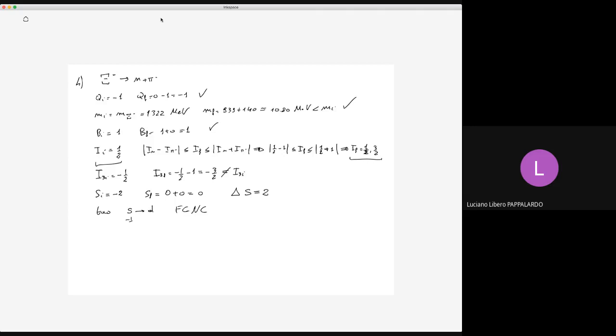We have -1/3 for the strange quark and -1/3 for the down quark. So these are weak interaction neutral currents with flavor changing. And as we will study next at the proper time, these are suppressed processes in the standard model. So they cannot occur at tree level, at zeroth order in perturbation theory, and can only occur in higher, more complex, higher order diagrams. And here you actually need two of them. So it is possible, but strongly suppressed.